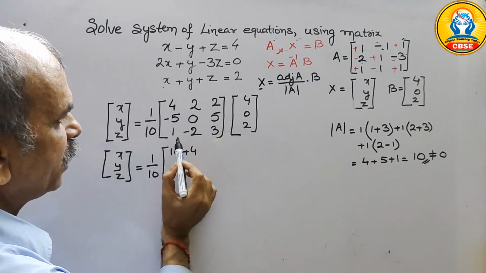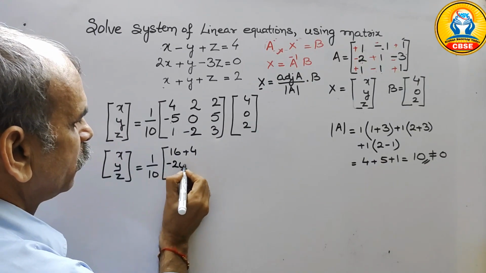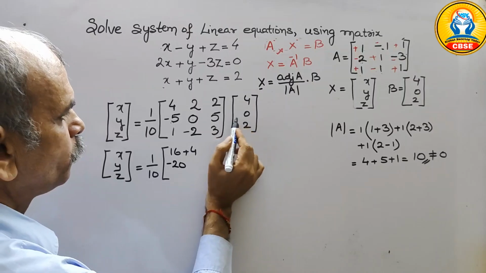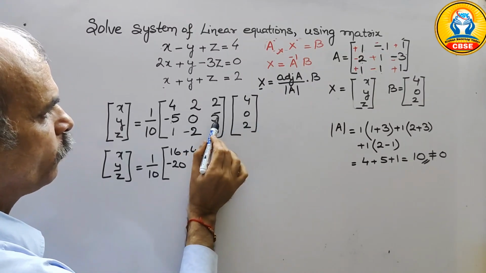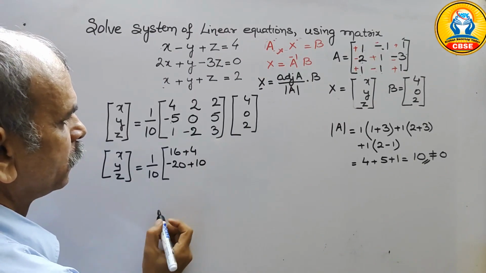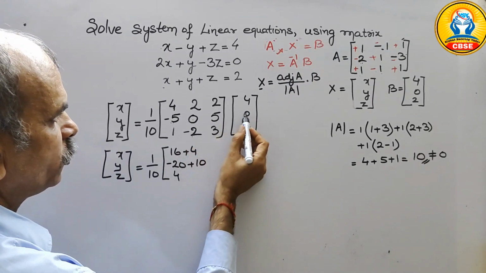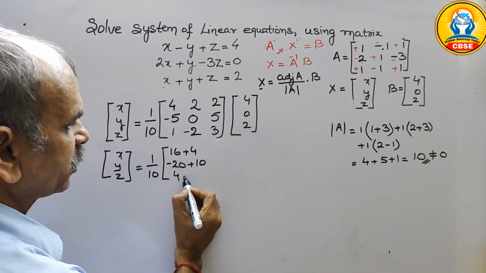Go for the second one. Minus 5 into 4 is minus 20, 0 into 0 is 0, 5 into 2 is 10. Next is 1 into 4 is 4, this is 0 and this is 6.